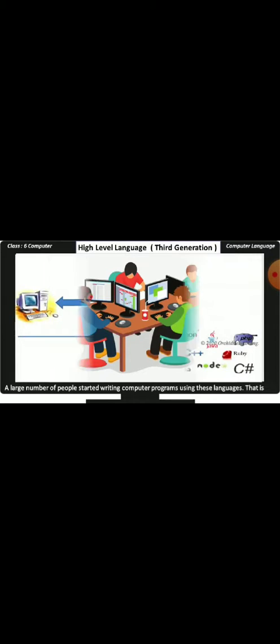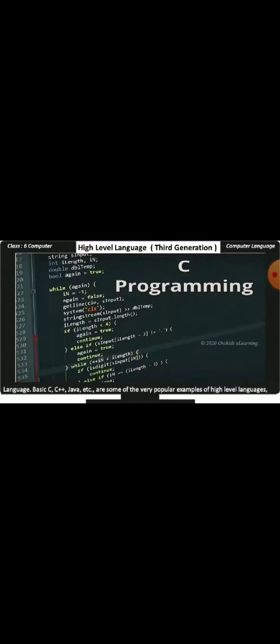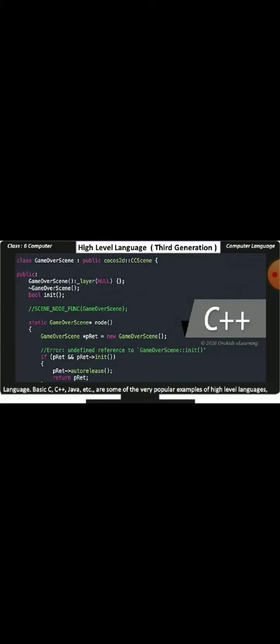A large number of people started writing computer programs using these languages. That is why it is known as high-level language. A high-level language is quite similar to the English language. Basic, C, C++, Java, etc. are some of the very popular examples of high-level languages.